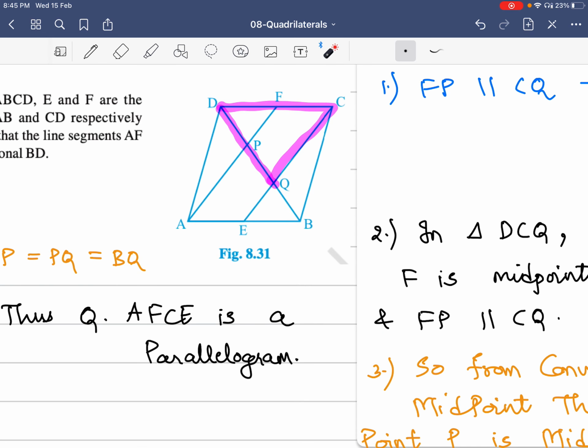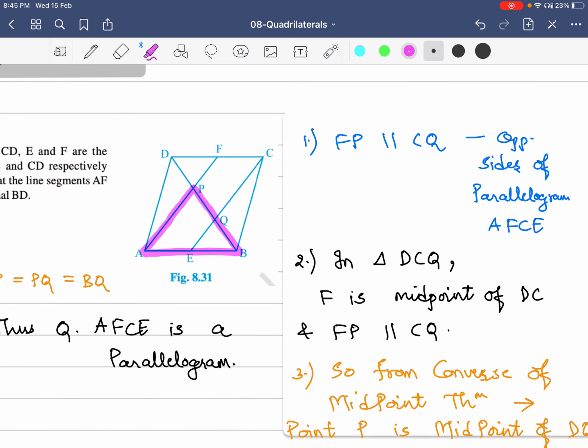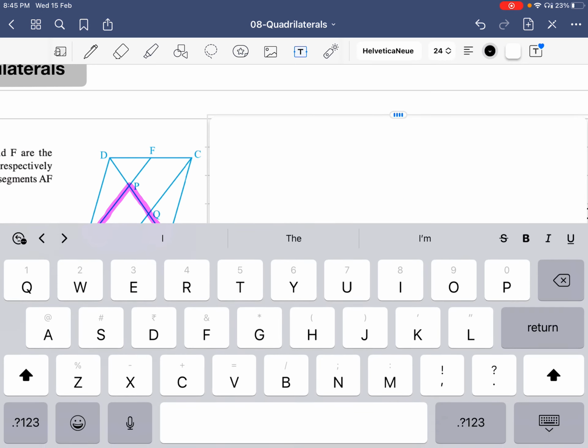So again, the approach is very similar. Let's try to zoom in. Now we consider this triangle, APB. In order to make our statements, I am going to cover this.